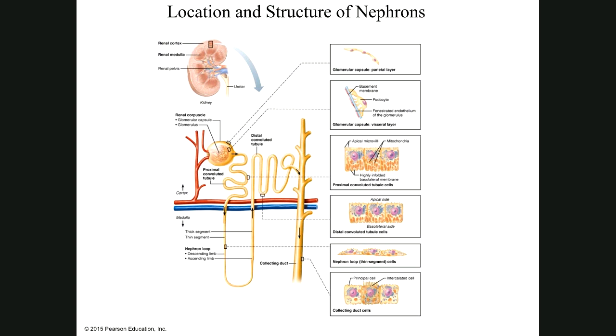So we have two parts. We have the renal corpuscle, right? Renal corpuscle is made of glomerular capsule and the glomerulus. The glomerulus is a type of capillaries composed of fenestrated endothelium.